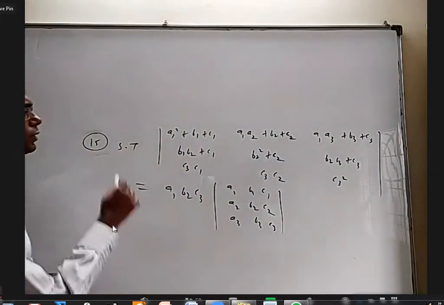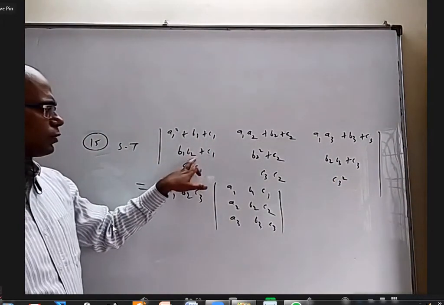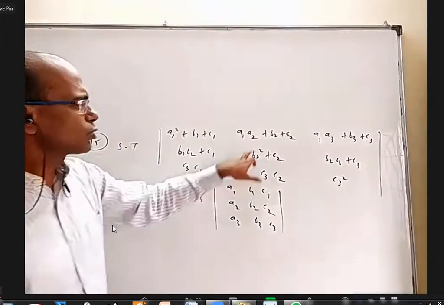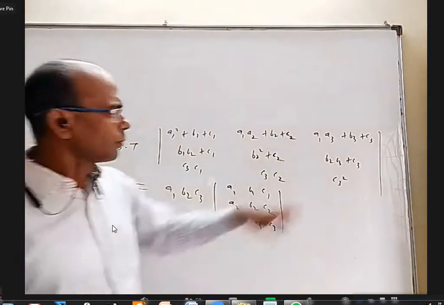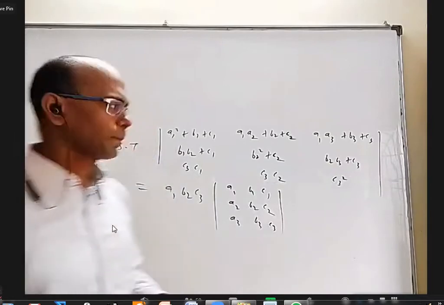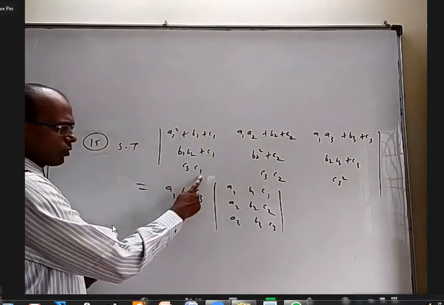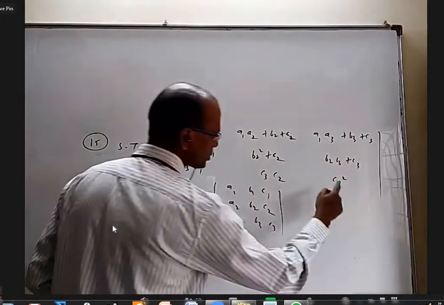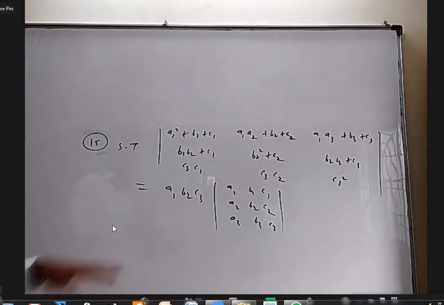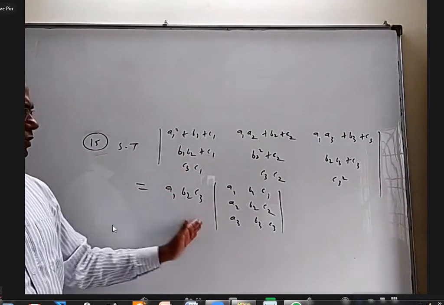This is the first row. It is in the textbook, but we write in class notes only. Second row: B1 B2 plus C1, B2 square plus C2, B2 B3 plus C3, and the third row C3 C1, C3 C2, C3 square. You have to show it equal to A1 into B2 into C3 into this determinant.